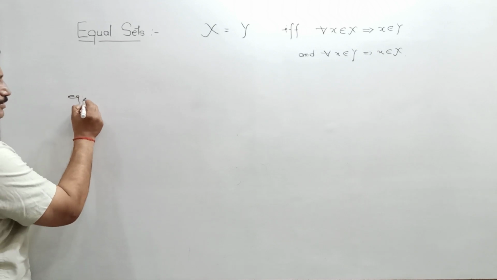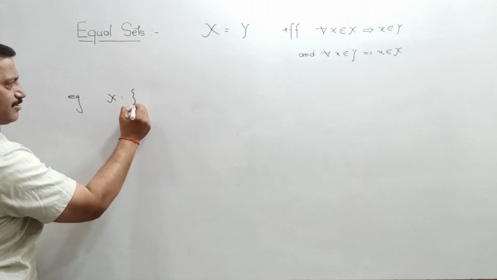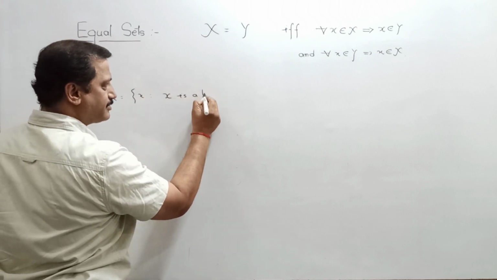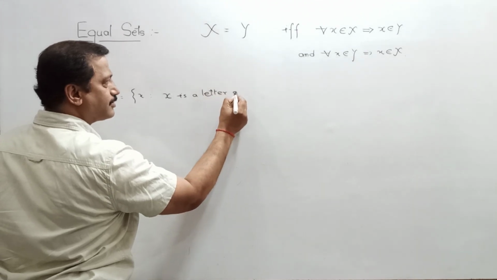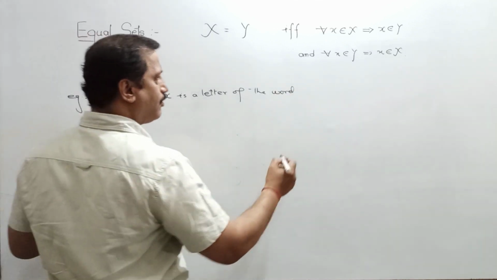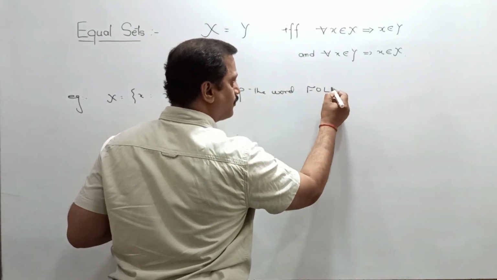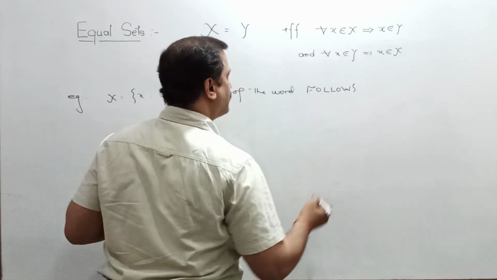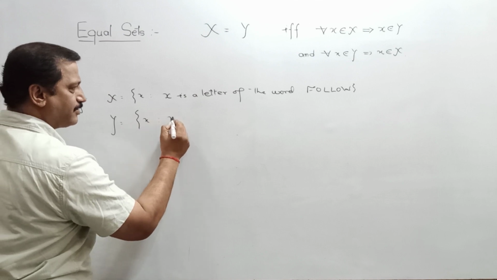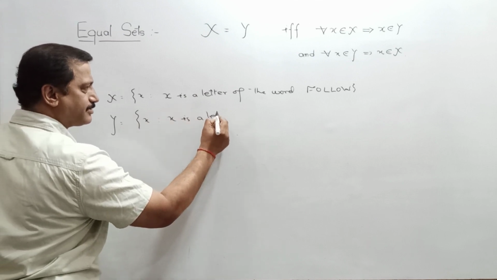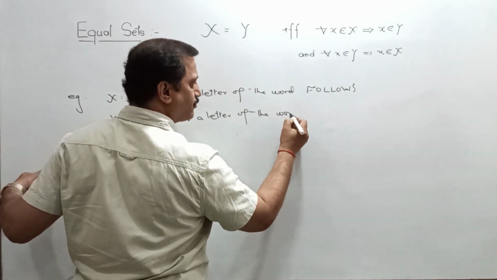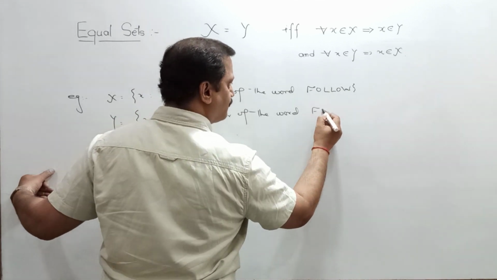Example, X is a set of x where x is a letter of the word follow, and Y is a set of x where x is a letter of the word flow.